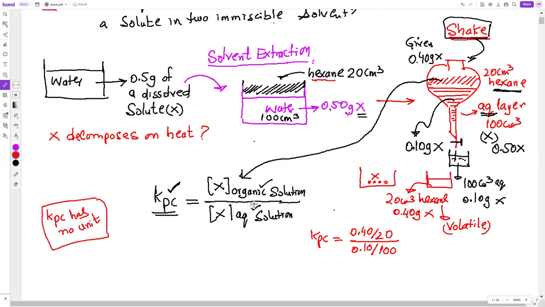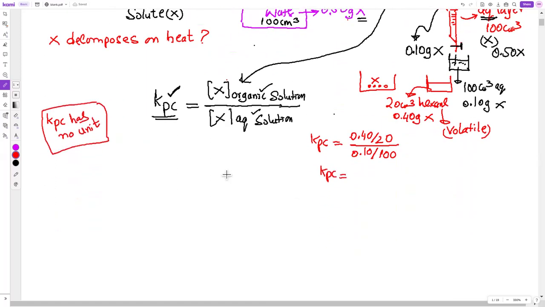So better we can solve it like this. KPC will be equal to 100 into 0.40 divided by 20 into 0.10. So what value will we get, beta, from this?